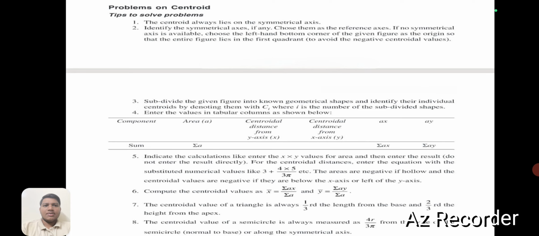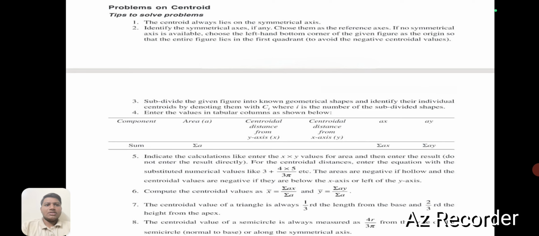Identify the symmetrical axis, if any, and choose it as the reference axis. If no symmetrical axis is available, choose the left and bottom corner of the given figure as origin so that the figure lies in the first quadrant to avoid negative centroid values.